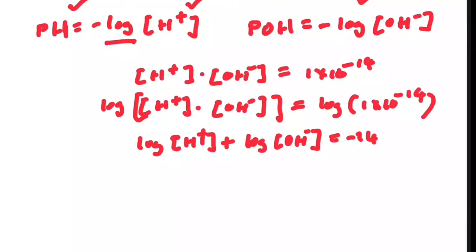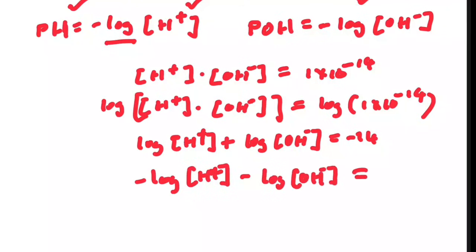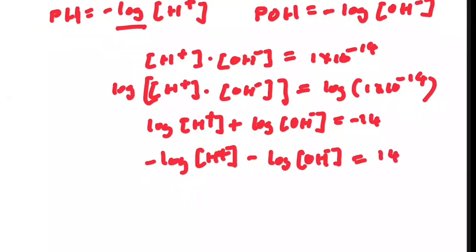If we divide both sides by minus 1, we're going to get minus log of H+ minus log of OH- being equal to 14. But what is minus log of H+?